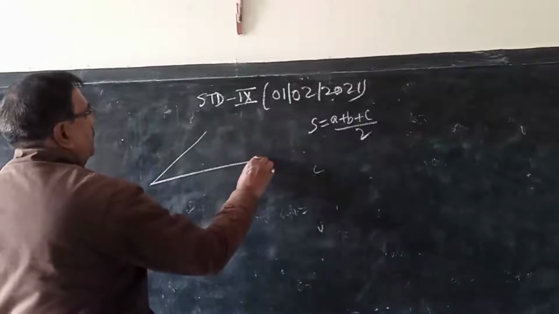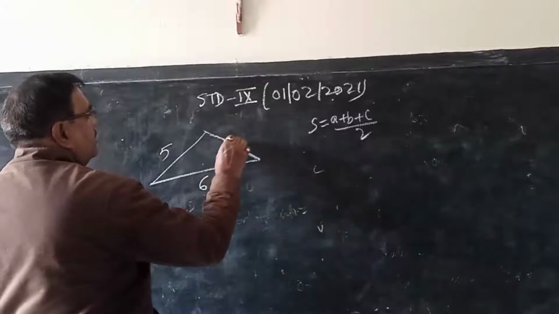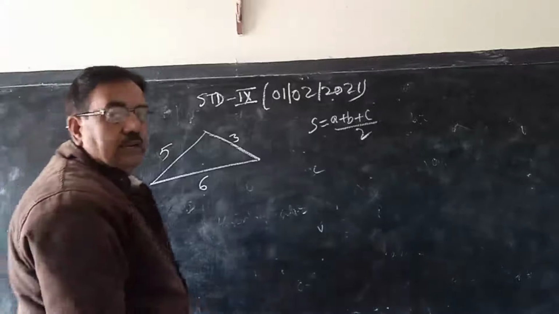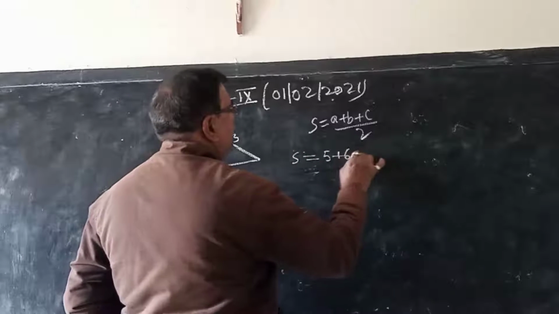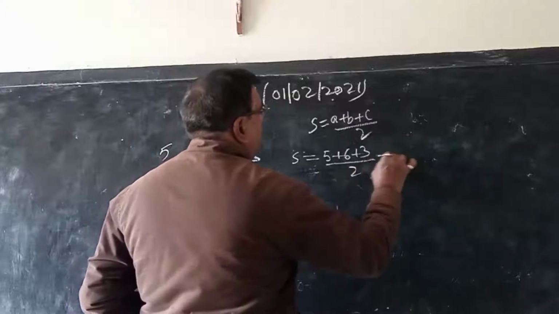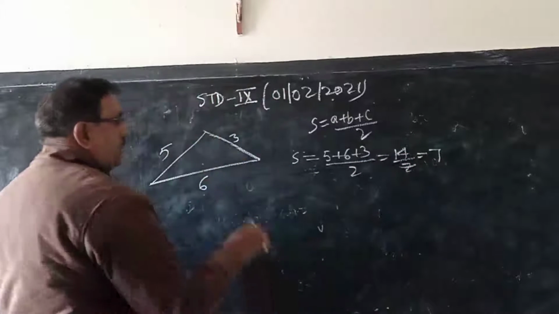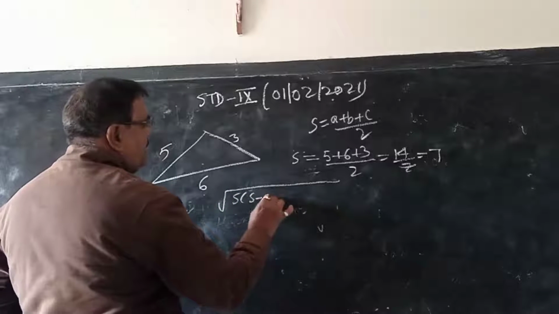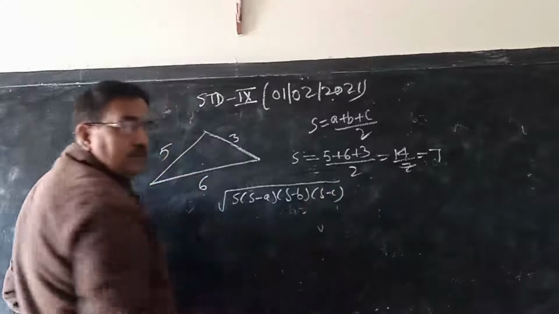Take an example, a scalene triangle with sides 5, 6, 3. Find the semi-perimeter. Semi-perimeter is 5 plus 6 plus 3 by 2, 14 by 2, that is 7. Then Heron's formula: S minus a, S minus b, S minus c.